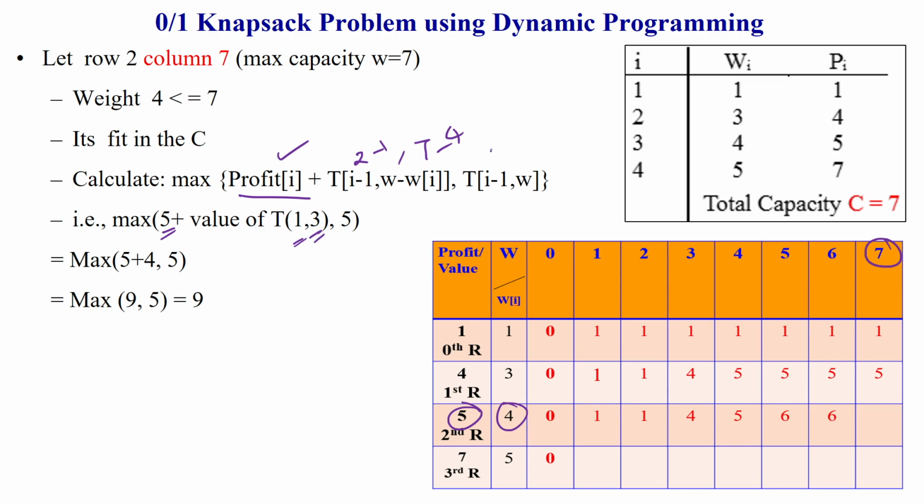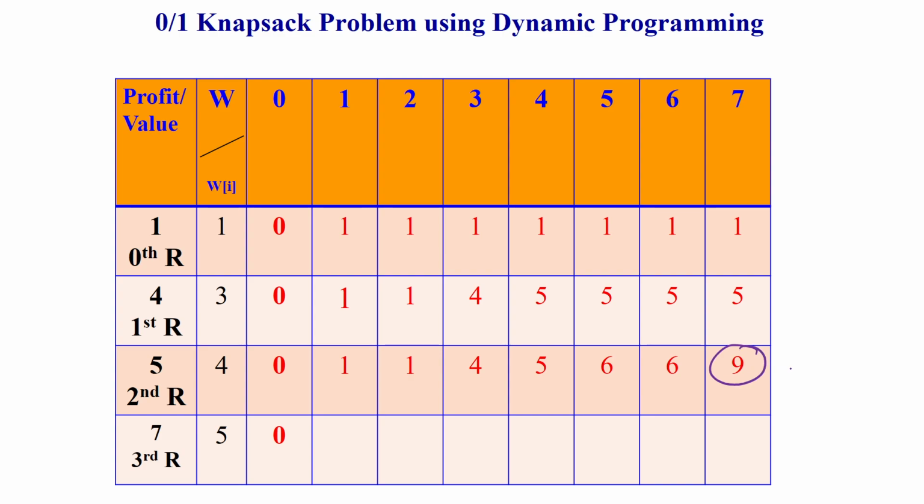Then 2 minus 1 is 1, w maximum weight is 7, so t of 1 comma 7 is 5. Now we are calculating the maximum of these values, which is 9, so 9 has to be filled here. Then i is incrementing by 1, that is the third index of the row.